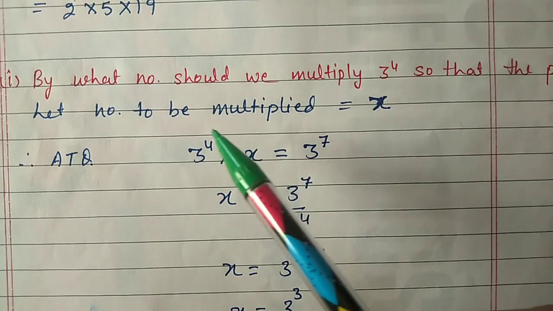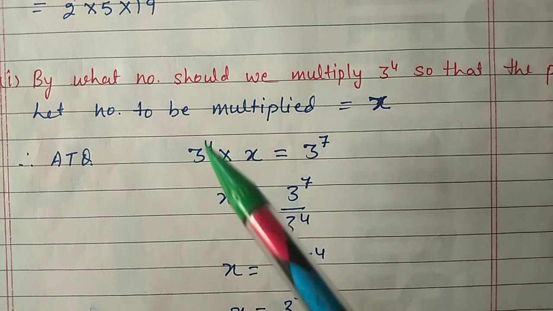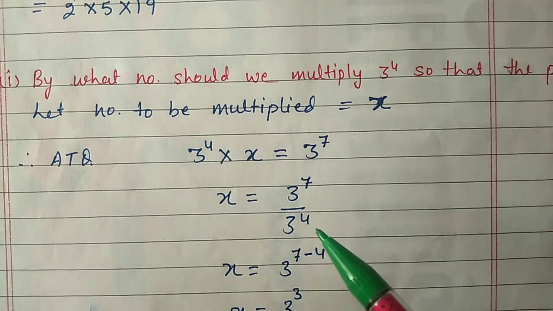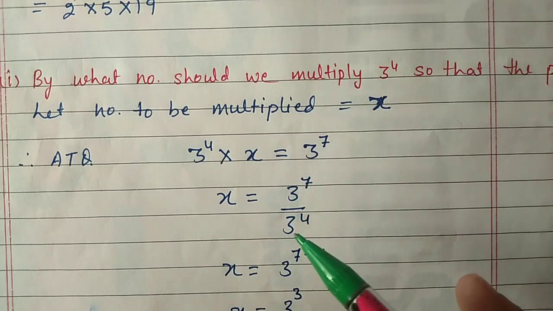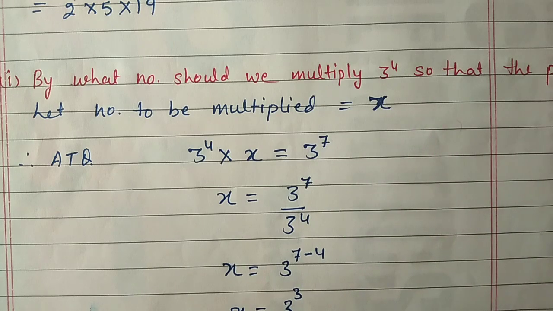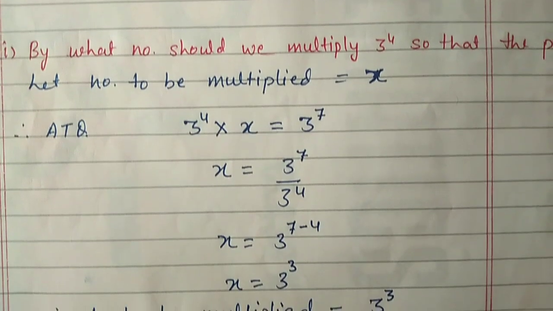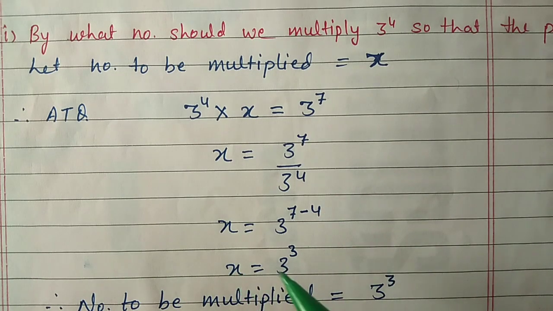Now next step, this 3 to the power 4 is in multiplication. When we shift it to the other side, it will go for division. Then here 3 to the power 7 divided by 3 to the power 4. Base is the same and division is there, it means we have to subtract the powers. So it will become 3 to the power 7 minus 4. So x is equal to 3 to the power 3.